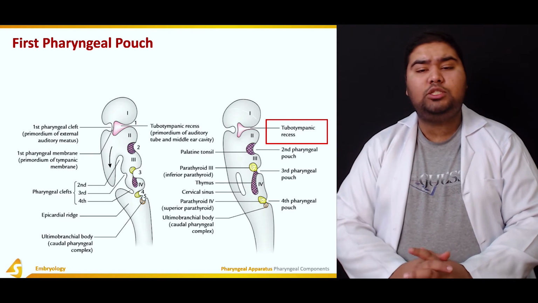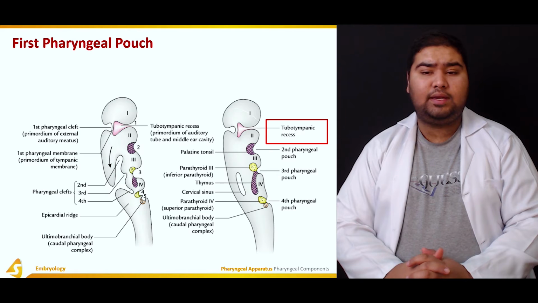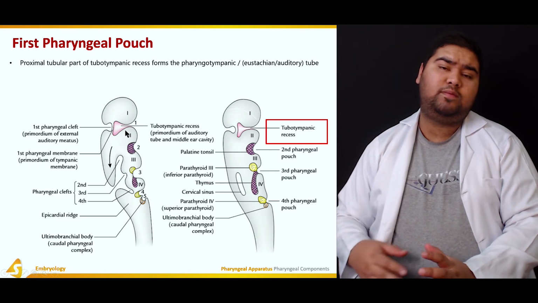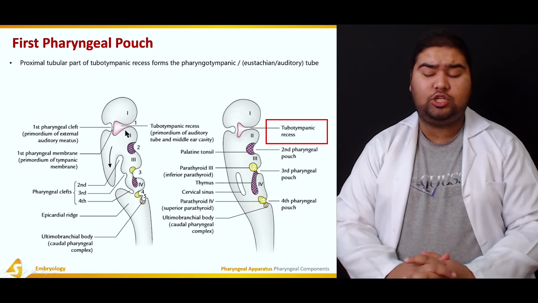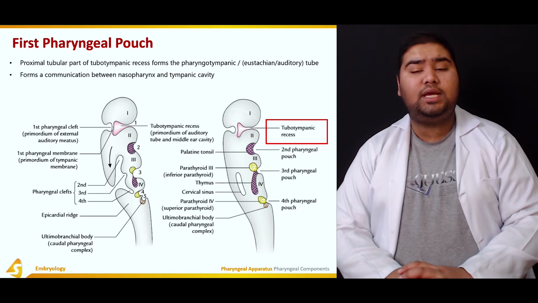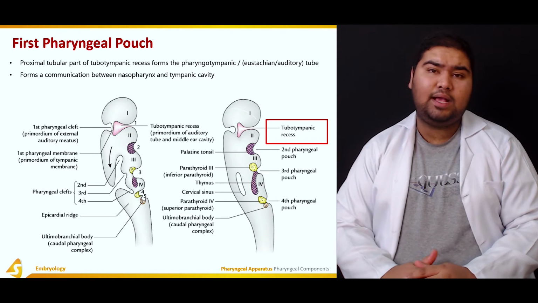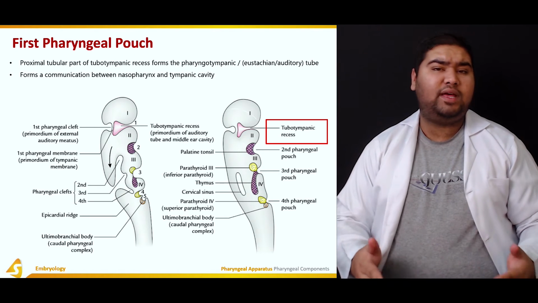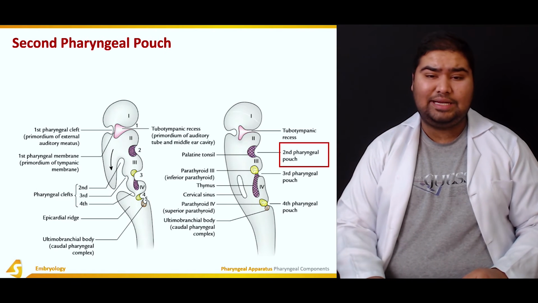Now, the proximal tubular part of the tubotympanic recess forms the pharyngotympanic or the eustachian tube. This tubular part is responsible for the formation of the eustachian tube in human adults. It forms a communication between the nasopharynx and the tympanic cavity.